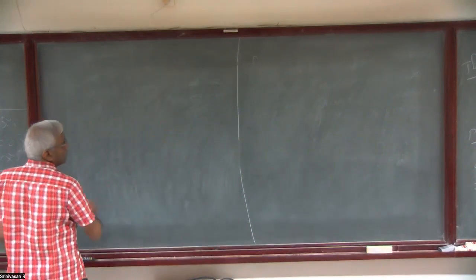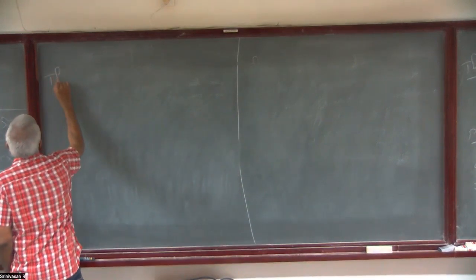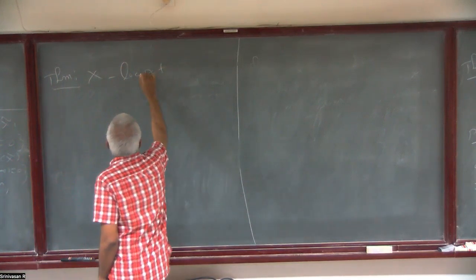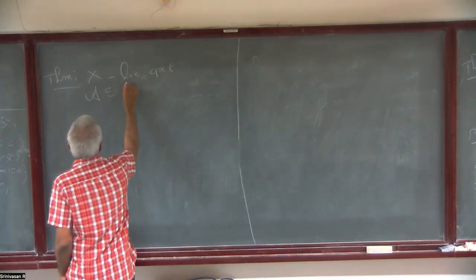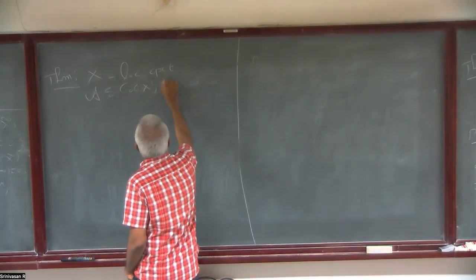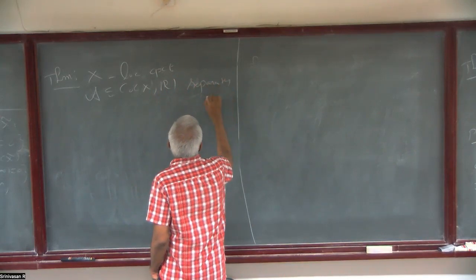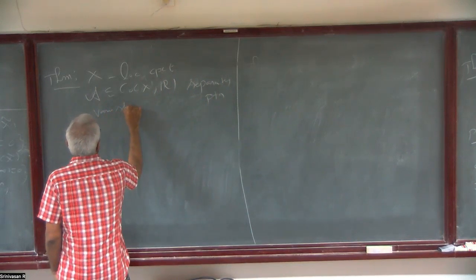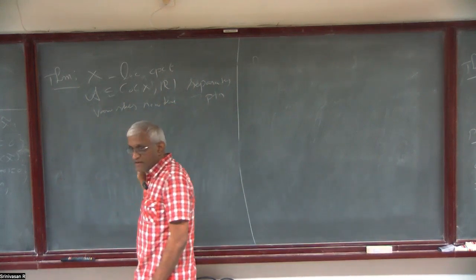So now the Stone-Weierstrass theorem, I have erased it, just erased it. Let X be locally compact and A contained in C0(X), which is real, which separates points, vanishes nowhere. Separates points and vanishes nowhere.